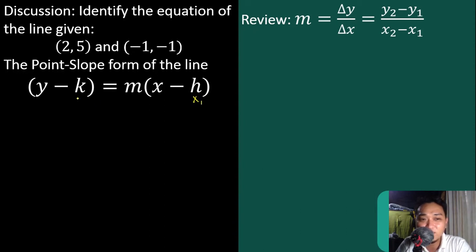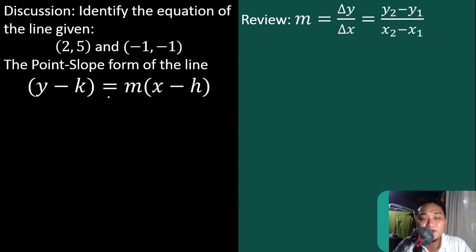Ito, x sub 1, y sub 1, baka mapagkamalan natin para sa slope yan. So, I prefer not to use those denomination. Instead, mas pabor sa akin na gamitin yung HK. Kasi yung HK, at least, it will tell us na pwede natin gamitin tong point na to at saka pwede natin gamitin tong another point. Pareho lang yung kalalabasan.